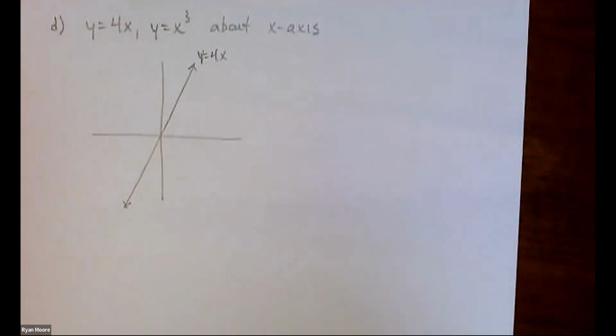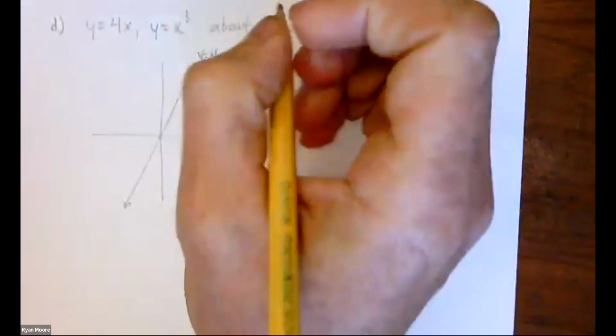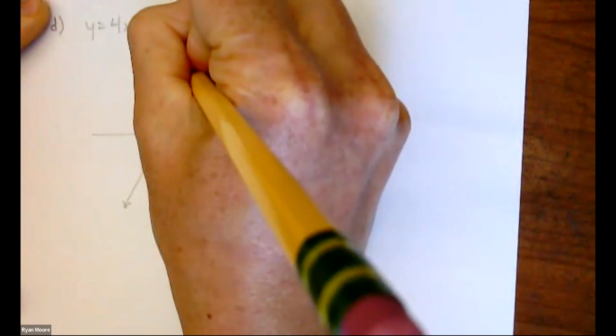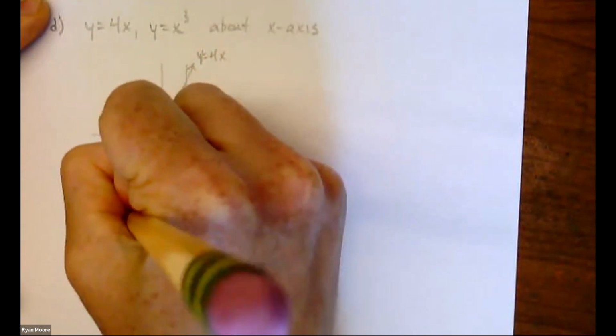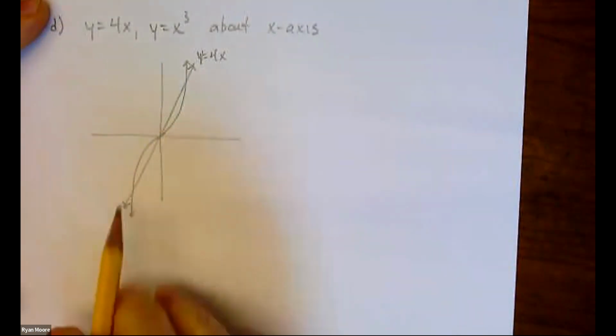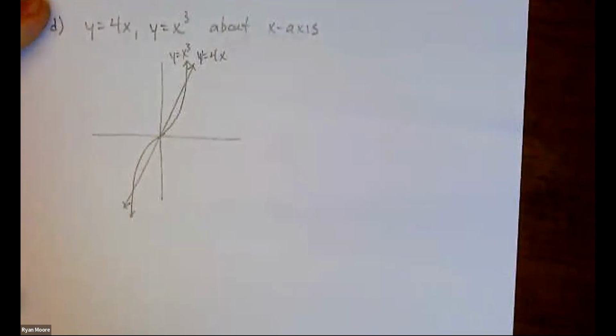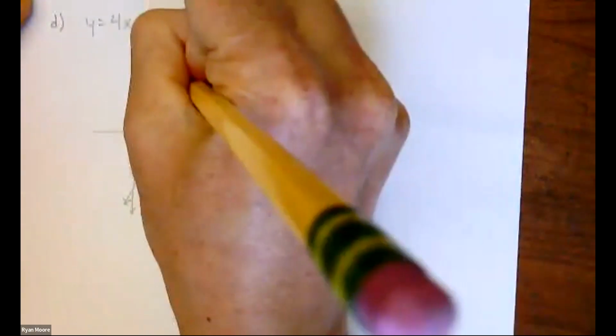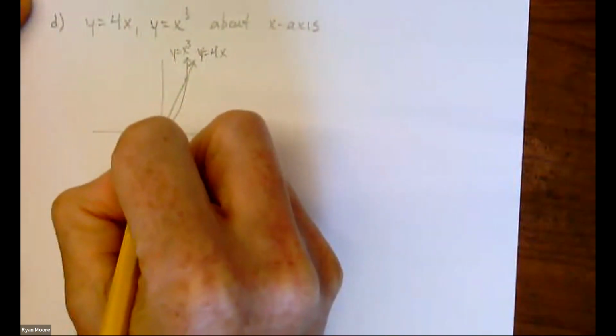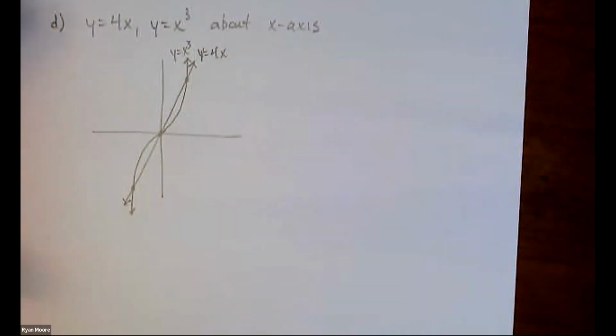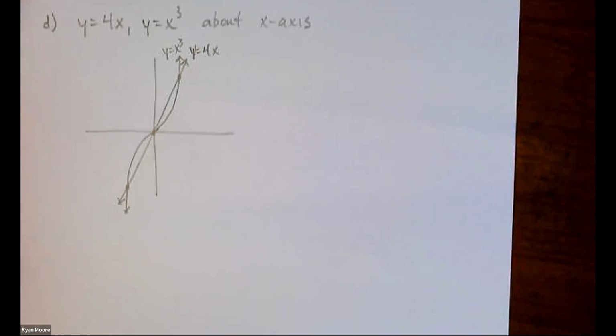Y equals x cubed is going to do something kind of like this. It's going to pass through our line, both in quadrant 1 and in quadrant 3. And they're going to cross each other, actually 3 times if you count the origin, like so. What does that mean for the region?